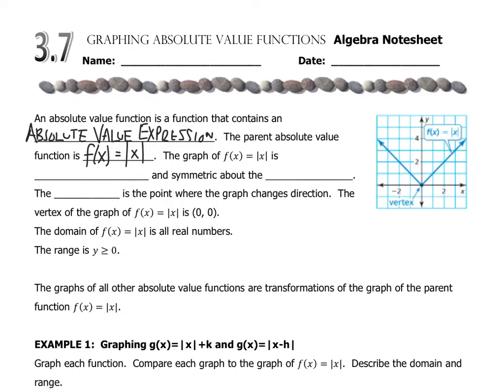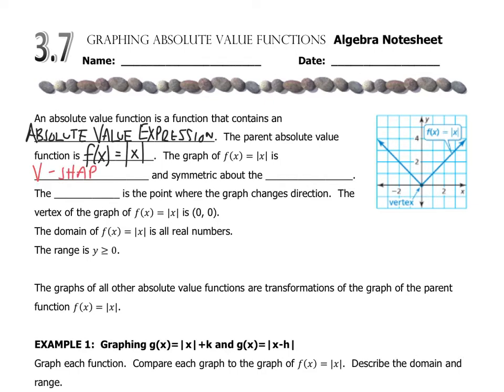What we find is that different things that we do to this side of it will cause different things to happen, which is what we'll talk about throughout the rest of this video. So just know that the parent function of an absolute value function is f of x equals the absolute value of x.